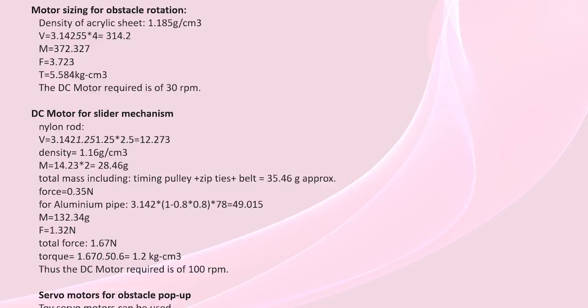So total mass is calculated, then force is calculated, and in the end the total torque required by the motor is calculated. So the DC motor required is of 100 rpm, and for the pop-up obstacles we can use toy servo motors, as the pop-up tile attached to the mechanism is nearly massless. It is a foam sheet.